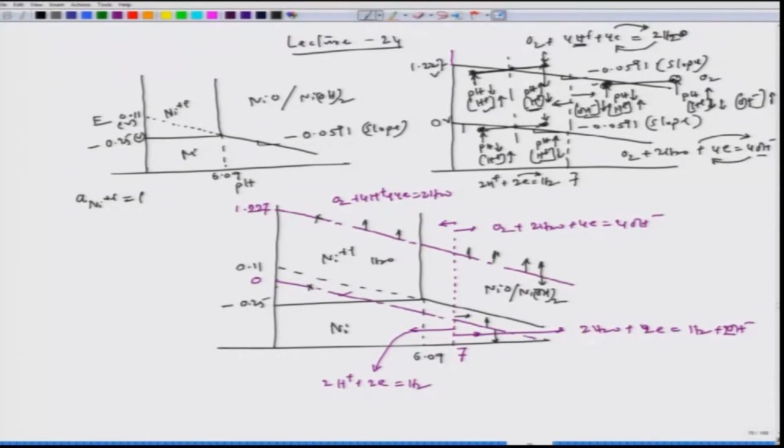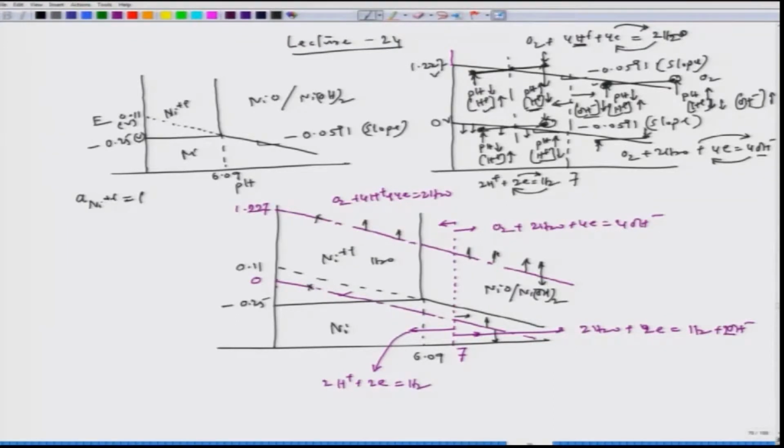So, gaseous hydrogen would generate below this line. Now, if I consider this point, there the H plus ion concentration is less, so the reaction would try to go this way. We have more and more H plus ion, and then it will increase the acidity of the water system.